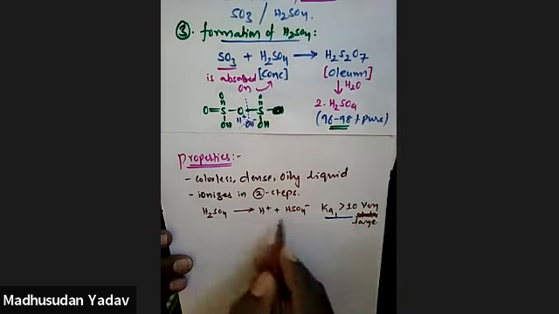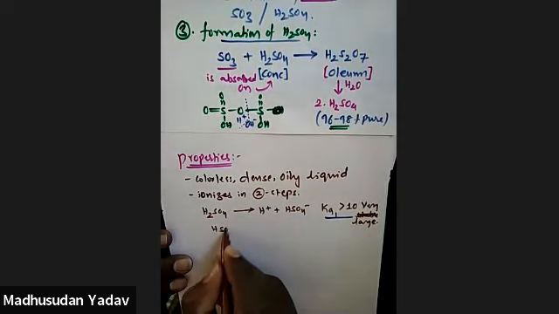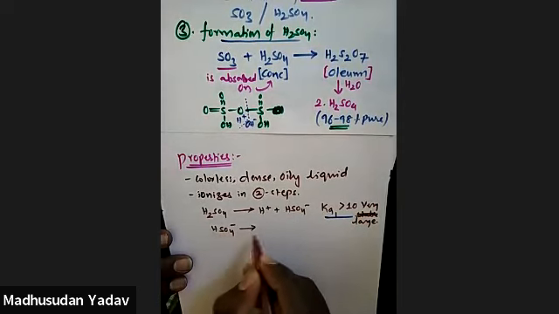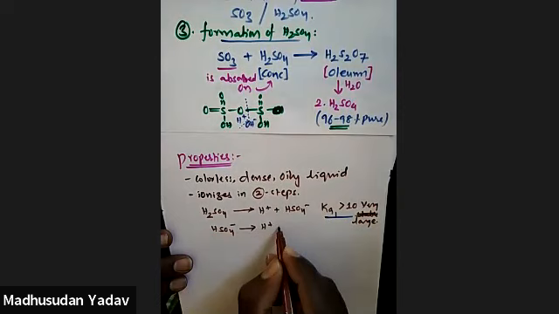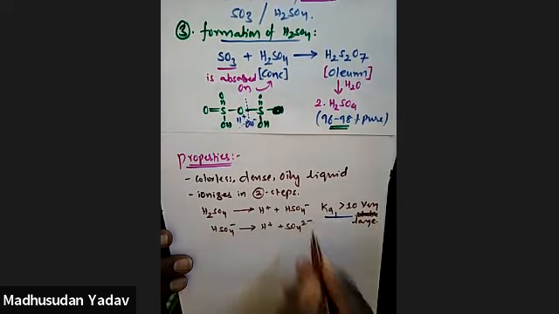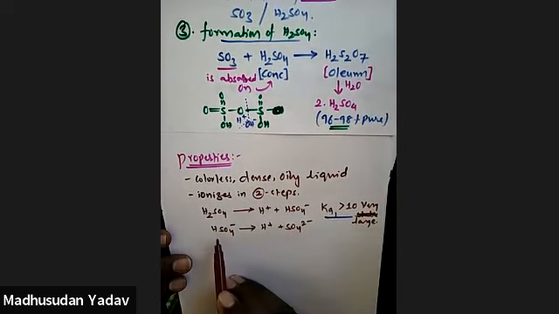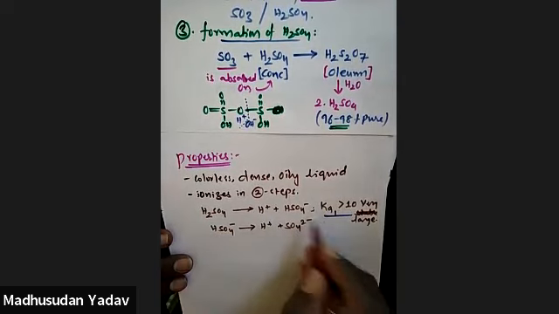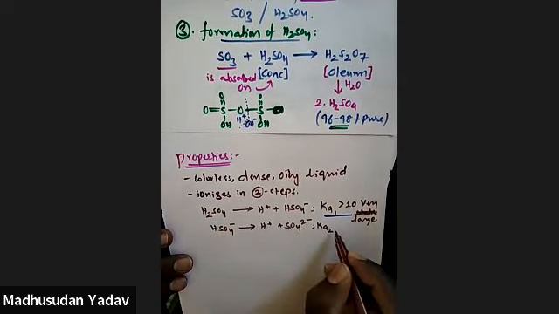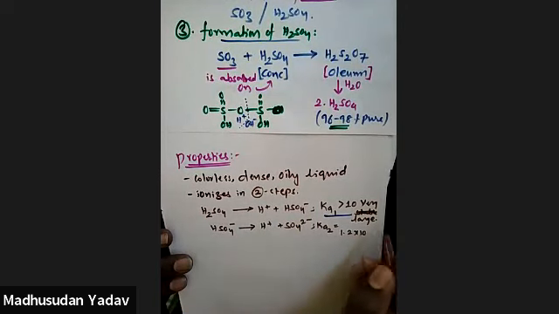Next, if it loses the other proton also, HSO4 minus converts into H plus and SO4 2 minus. So it loses the second proton now. In that case, I call it Ka2. Ka2 is small, nearly 1.2 into 10 power minus 2.